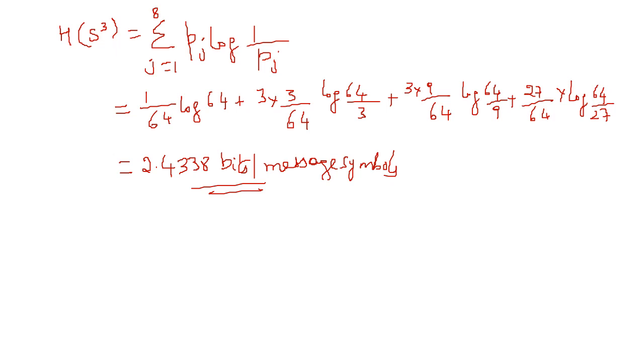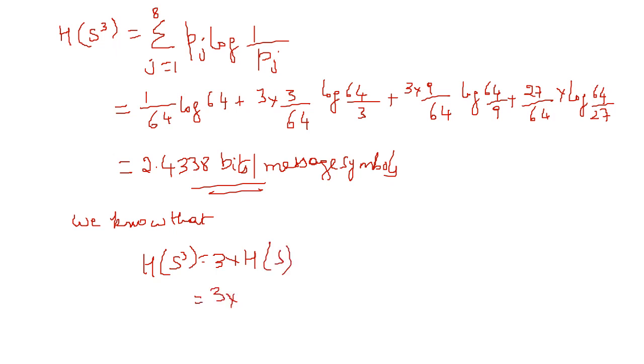Now we'll try to prove this. We know that H(S cube) is nothing but 3 into H(S), which is equal to 3 into, what is H(S)? We got it as 0.8113.